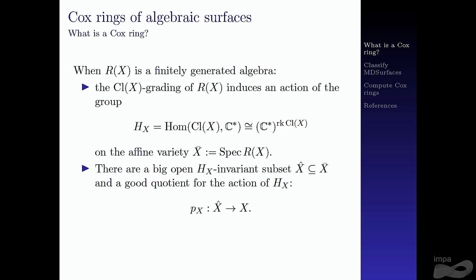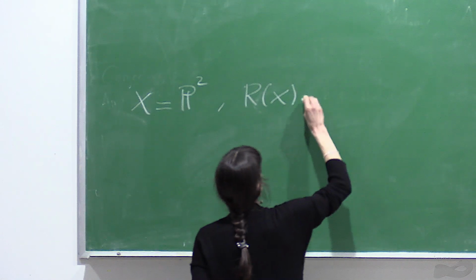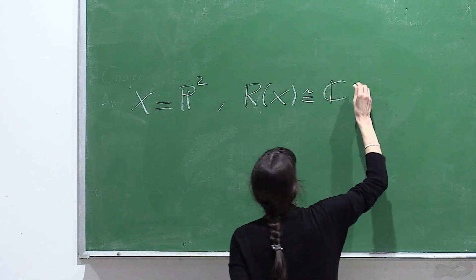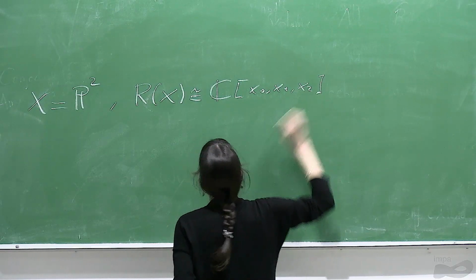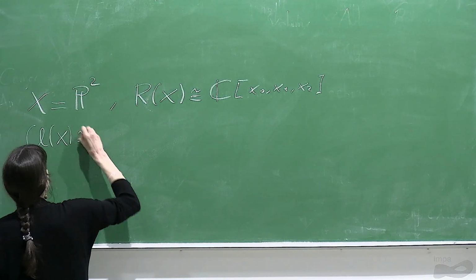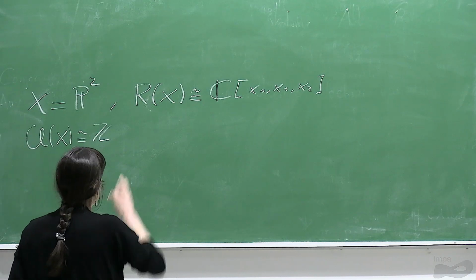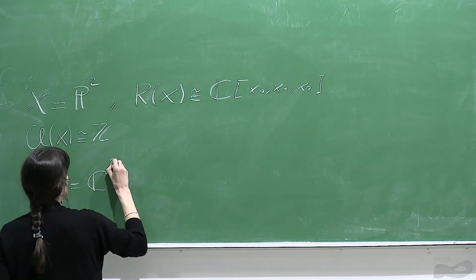Well, the basic example of this, I forgot to mention, is just P2. If you just take P2, it is an exercise using the definition that the Cox ring of P2 is a polynomial ring. And of course, in this case, the divisor class group is isomorphic to Z. So in this case, of course, X bar is just C cubed.